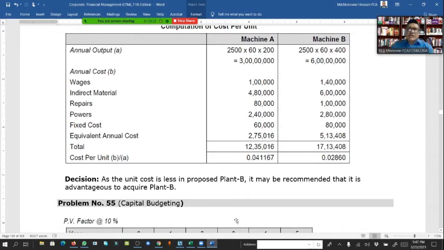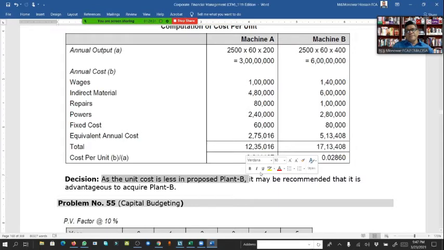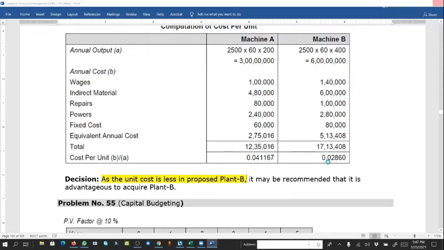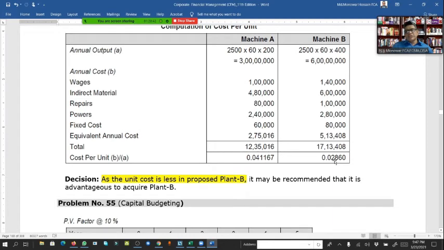Then cost per unit is 0.02860. So what would be the answer? Which is more and which is less? The unit cost is less for the proposed plan B. Look here, per unit cost here 0.04, but here unit cost 0.02 or 3.